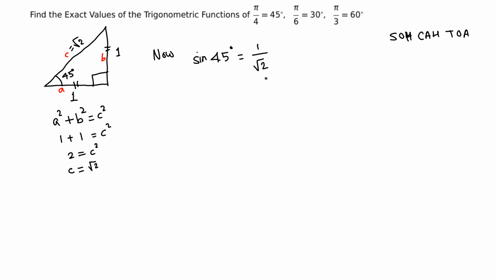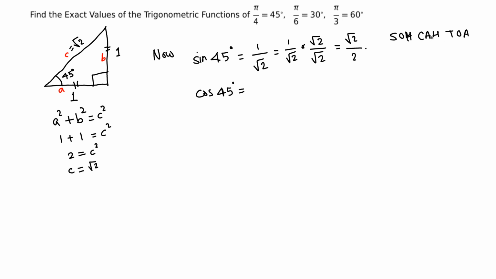But generally we don't write a square root on the bottom, so we multiply top and bottom by root 2 over root 2 to rationalize the denominator. That makes root 2 times 1, root 2, on the top, and root 2 times root 2, root 4, which is 2. So root 2 over 2. Or in some books they also leave 1 over root 2. That is also true.